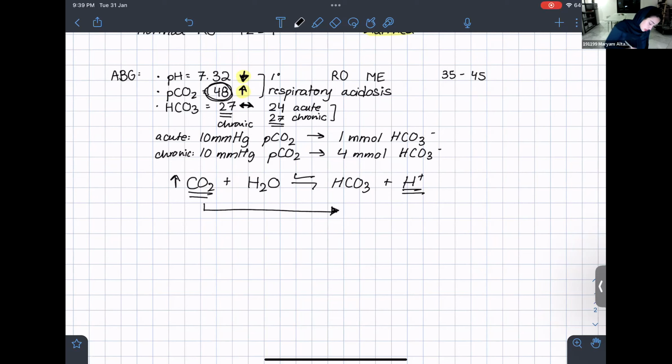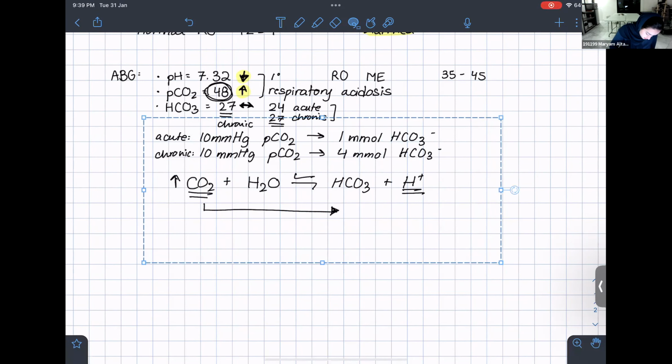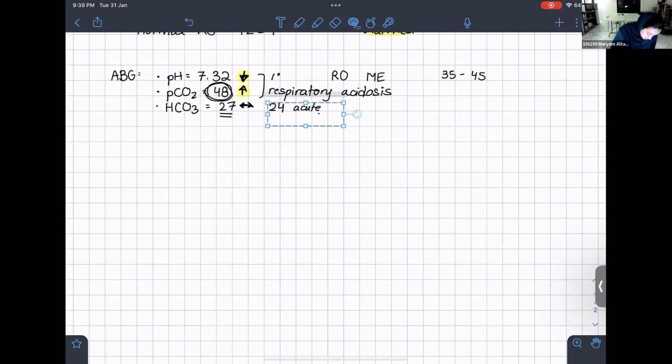Okay, let me put it this way to make it easier. I'm going to erase this for now, guys, just so we can restart so that you understand it. Okay, our bicarb here is 27. So first we start off, we understood this is a primary respiratory acidosis.